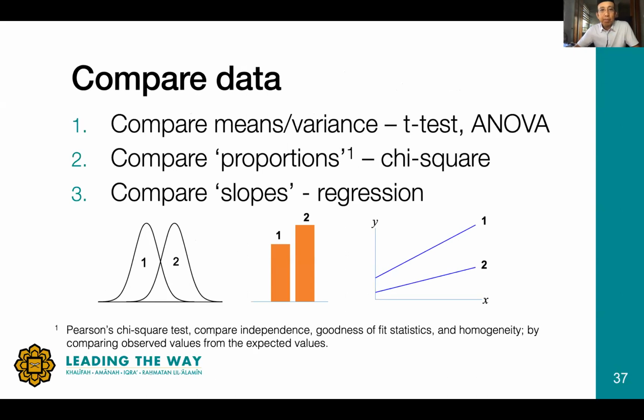When I said compare means, you can see here two numerical distributions. You compare the mean, the tip here. Obviously number 2 is higher than number 1. If you convert data into proportion, percentage, 2 again is higher than 1. If you have two regression lines, number 1 and number 2, you can see that 1 has a higher slope. So every change of x will change y a lot more in 1 compared to the y in 2.